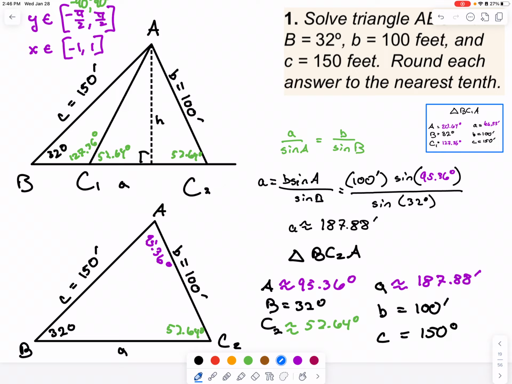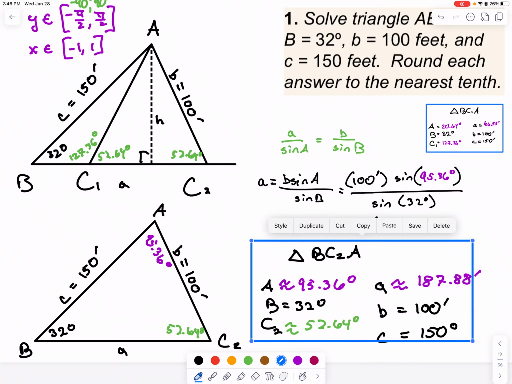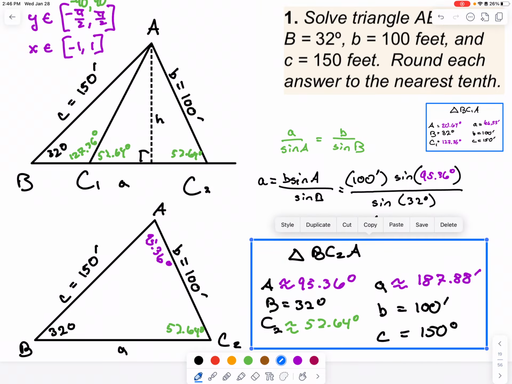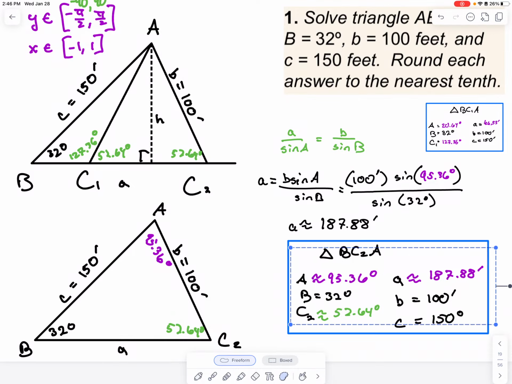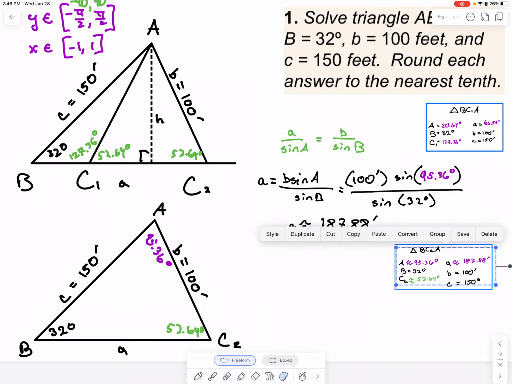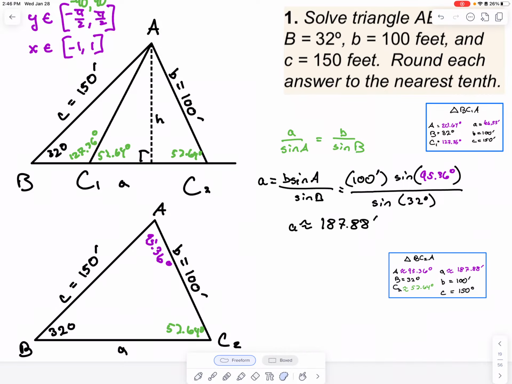So this was the other triangle that we got. And let's go like this, like this. And then I'm just going to expand these as best I can.